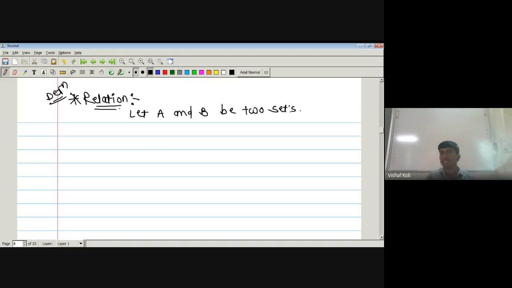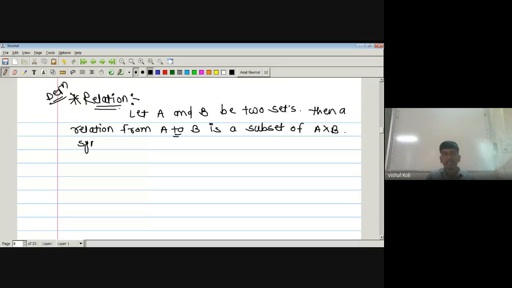If A and B are two sets, then a relation from A to B is a subset of A cross B. If you take any subset of A cross B, that is the product of two sets A and B, then the corresponding set is nothing but the relation from A to B.